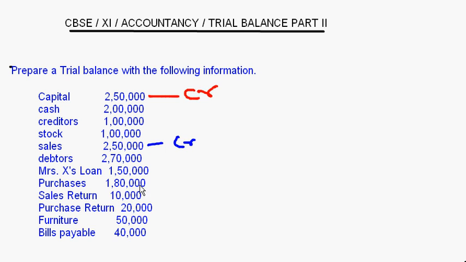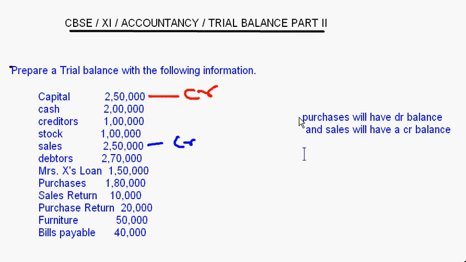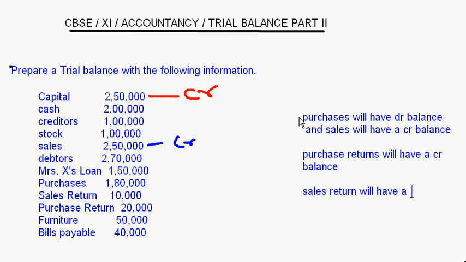Purchases will always have a debit balance. Remember this. Purchases will have a debit balance and sales will have a credit balance. Same way, purchase returns will have a credit balance and sales return will have a debit balance, right?